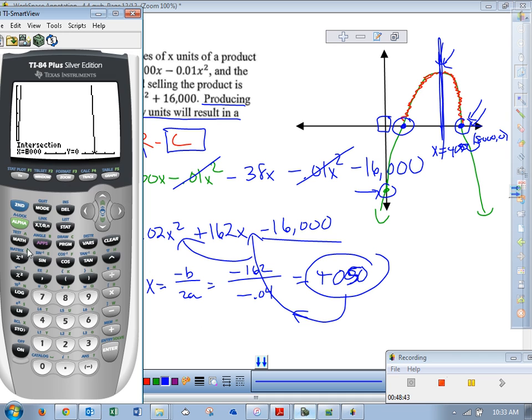So second, calculate intersect, first curve, second curve. Here's the easier way to move your cursor. When you guess, make sure this says y2. You don't want your cursor to be on the first equation, which is that parabola. It would take forever to get this cursor all the way over there. If it's on y equals 0, it just slides right over.